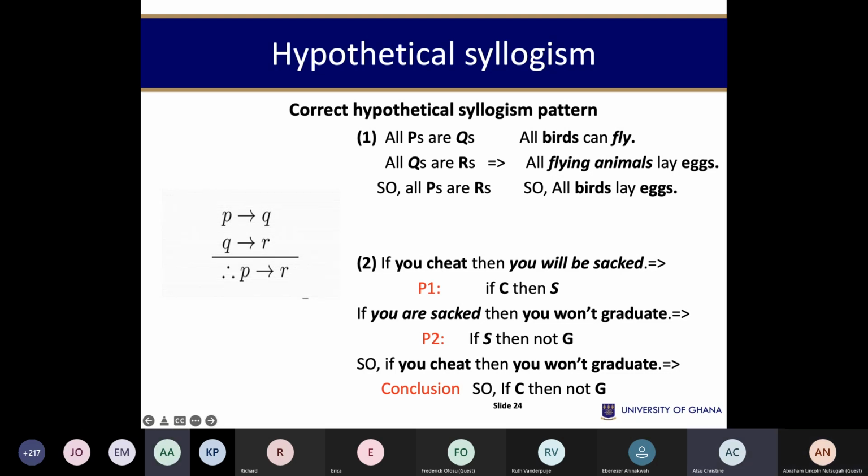I want to know whether the argument will always take this form.